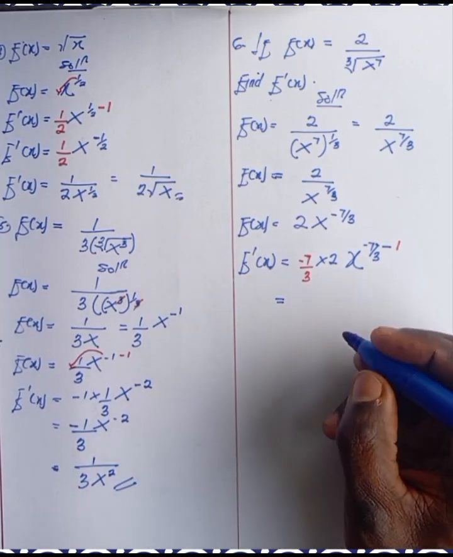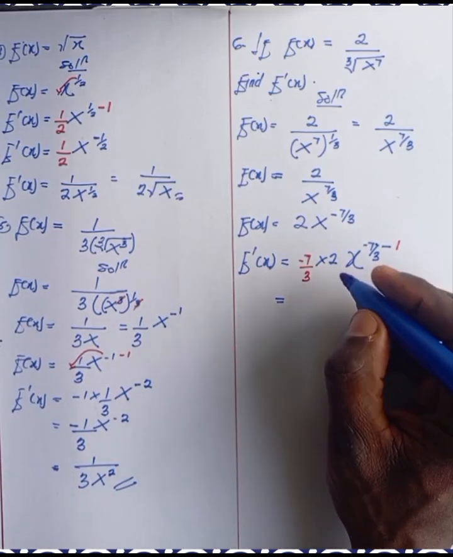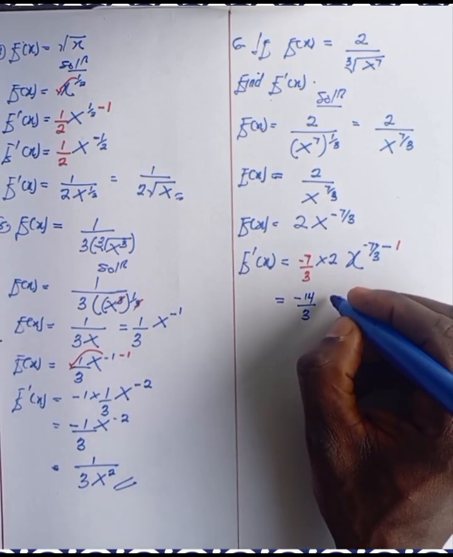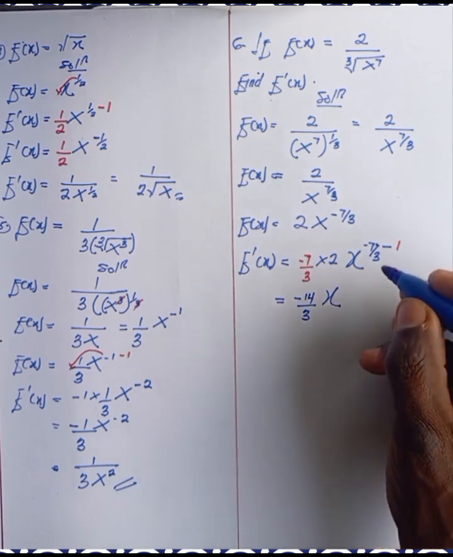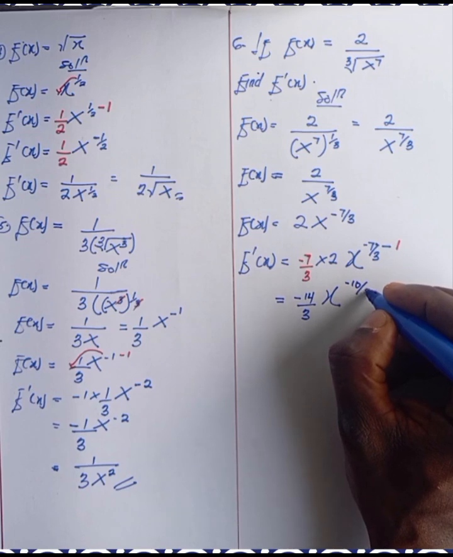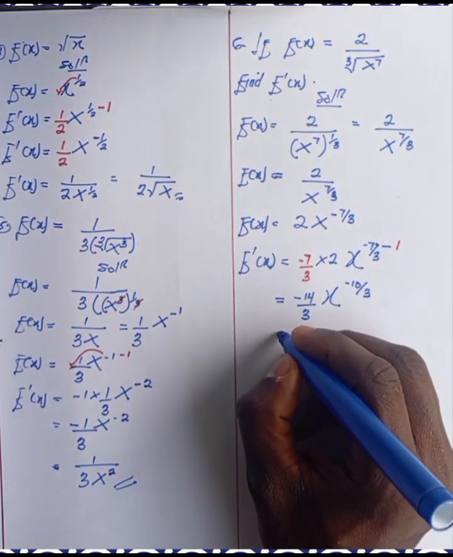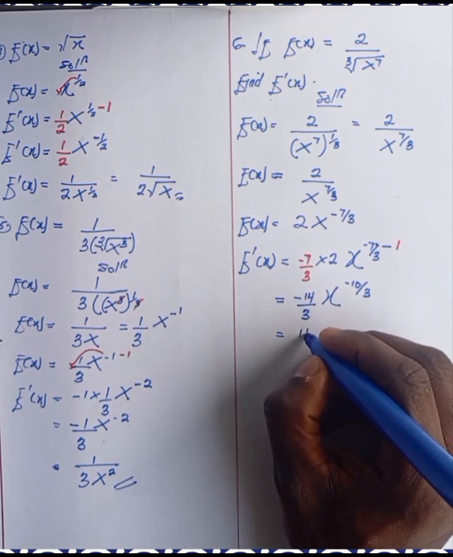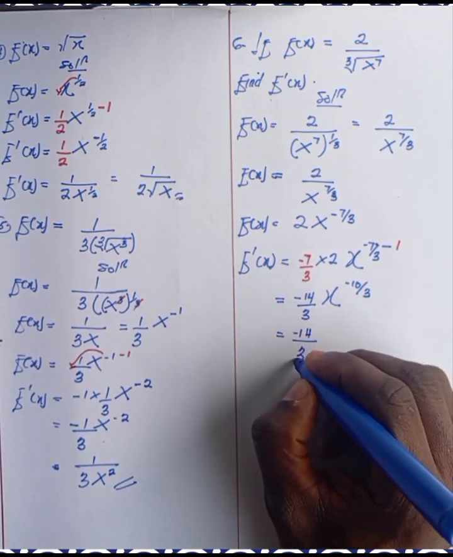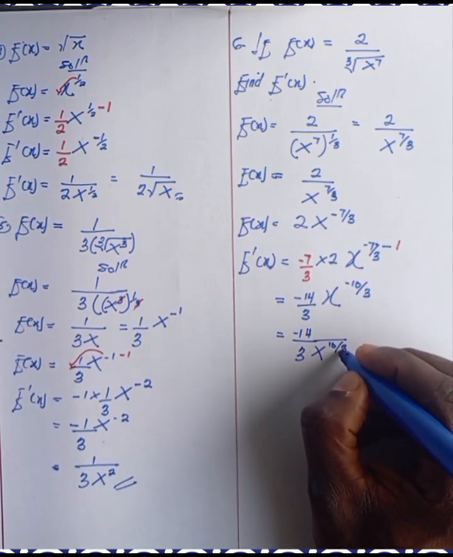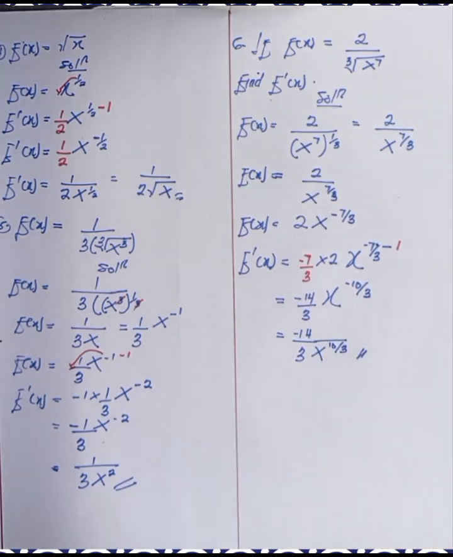Negative 7 over 3 times 2 gives negative 14 over 3. Then we have x exponent negative 7 over 3 minus 1, and we are getting negative 10 over 3. You can rewrite this in the form negative 14 over 3 all over x exponent 10 over 3. And this is the derivative of the function written here.